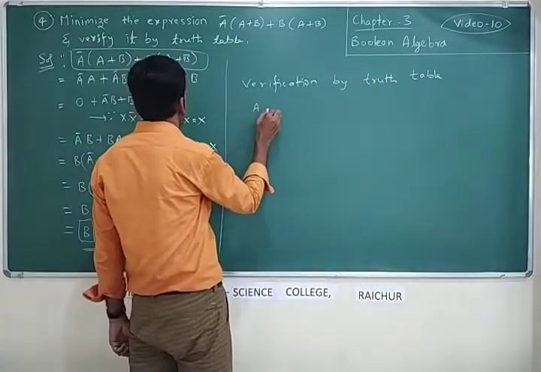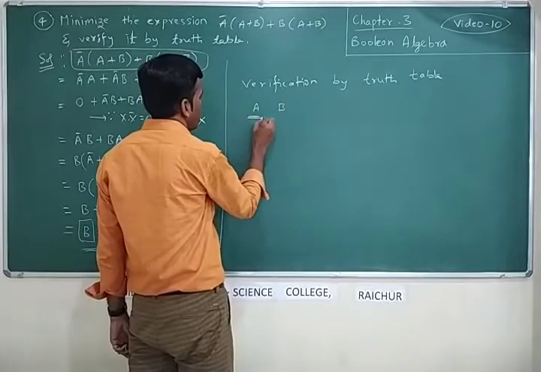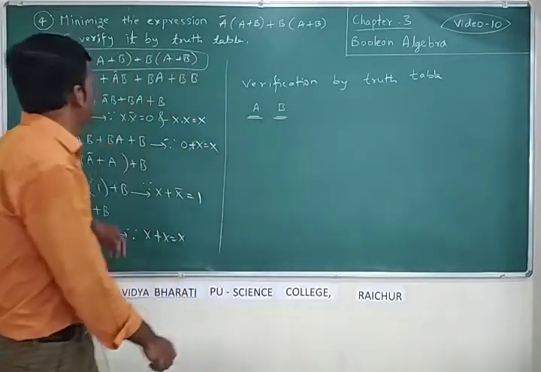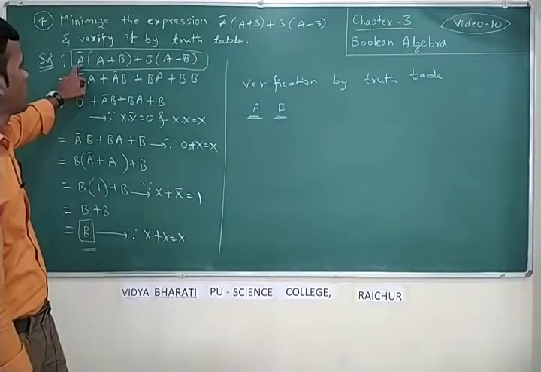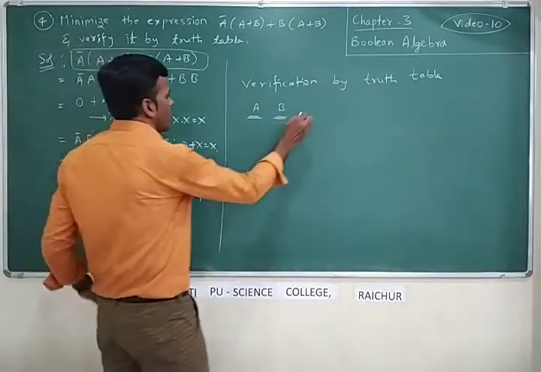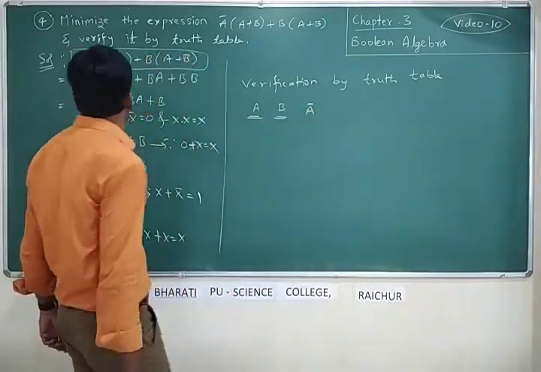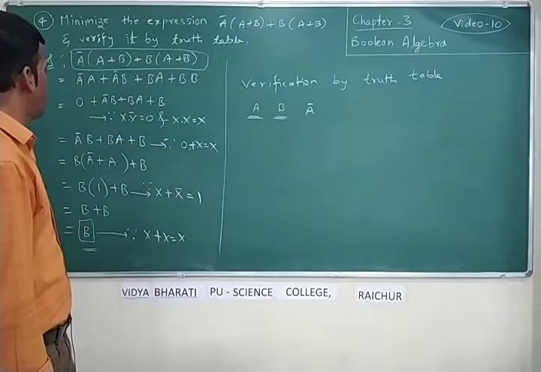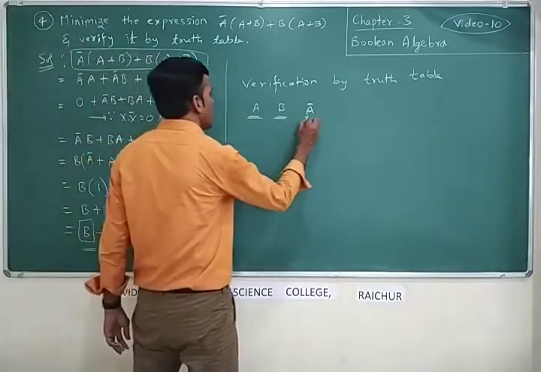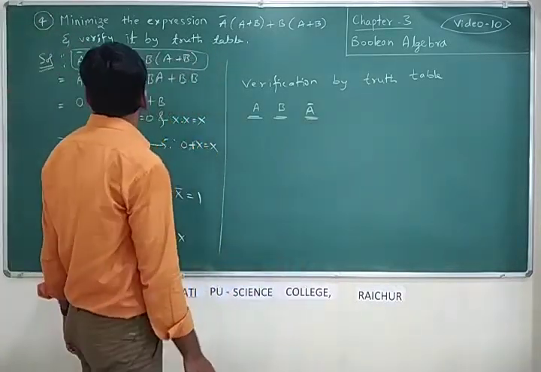So 2 variables we need, a as well as b. So we need a complement, okay, in the given expression. So we'll go for one more column, a complement. So we won't require complement of b, so better we'll skip that b complement column.